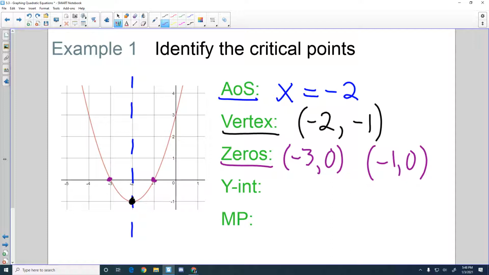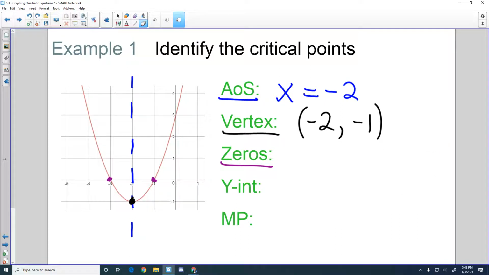And so you can write those out formally like that, but also if you just want to save yourself some time, I'm fine with you just saying, hey, these x-intercepts are the points where x equals -3 and -1. That's totally fine with me. All right, I'm not going to worry too much about how you're representing those. I can clearly see, hey, you know what those x-intercepts are. You know where they are in the graph.